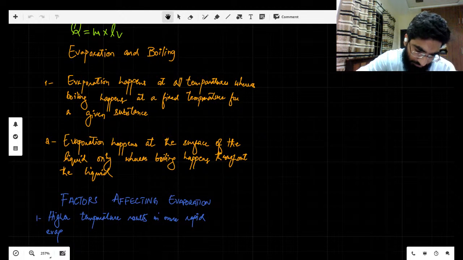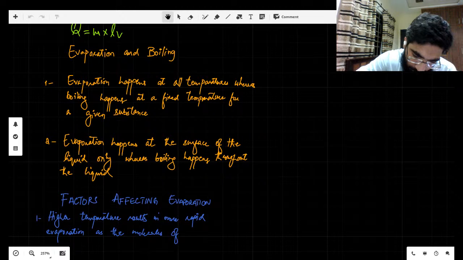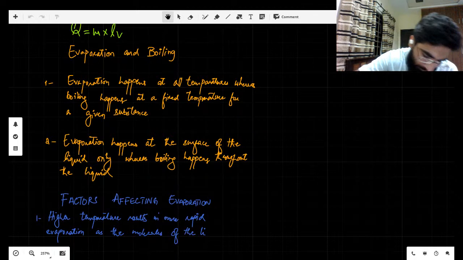High temperature results in more rapid evaporation as the molecules of the liquid gain more energy.